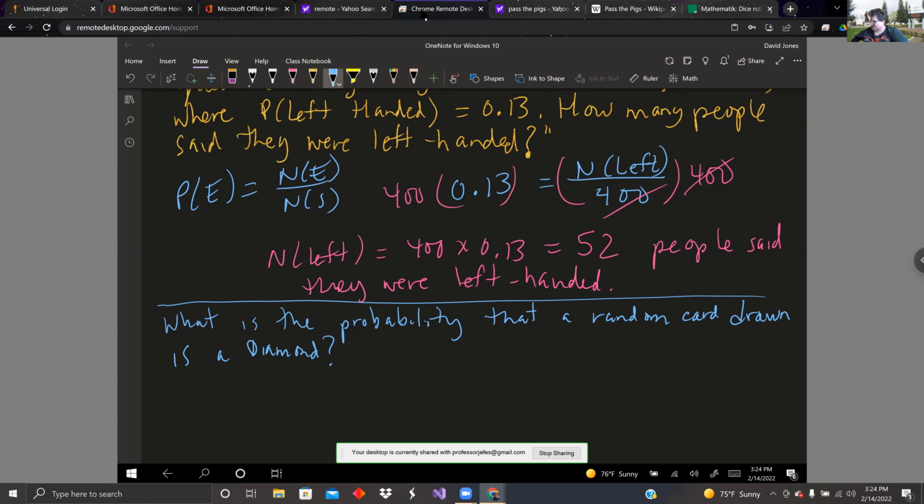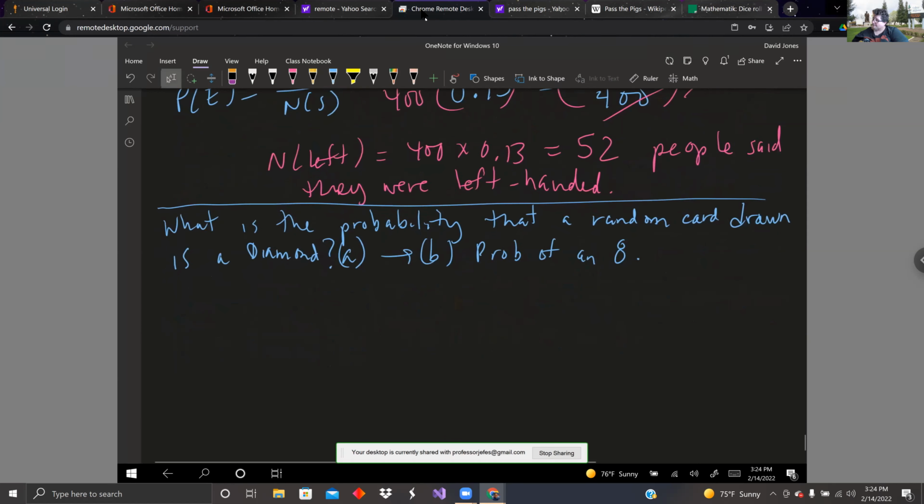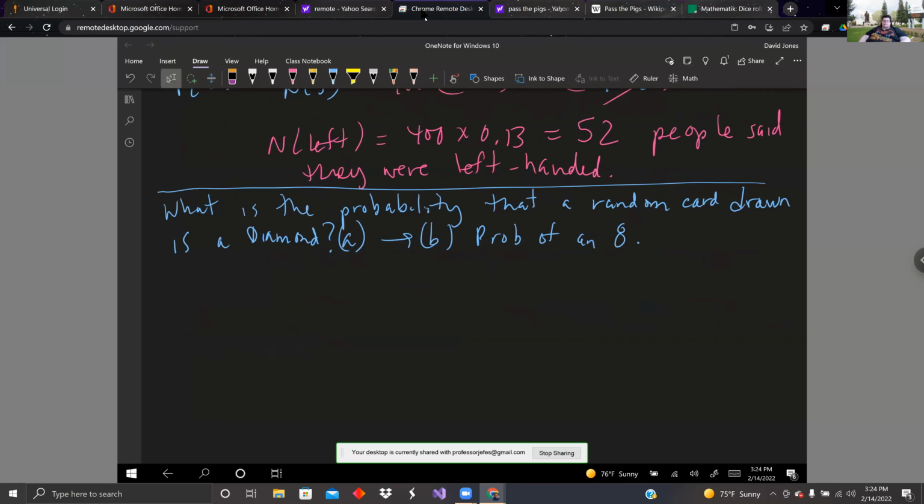Or they could say, that's part A. Part B is probability of an 8. And if you need to look at a picture of a deck of cards, if you're not familiar with them, you can do it. I'll skip back over to our picture of a deck of cards.